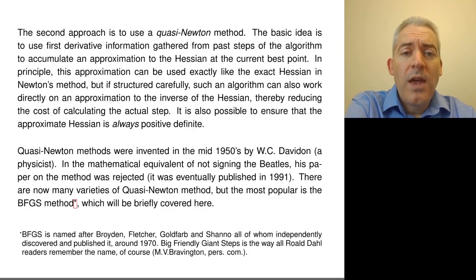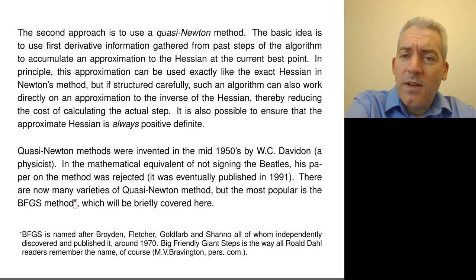And there are a few tweaks on this. One is that we've already discussed that when you're doing Newton's method, you're not guaranteed to get a positive definite Hessian at each stage. So we can fix that within the context of this quasi-Newton method to make sure we're always dealing with a positive definite Hessian.